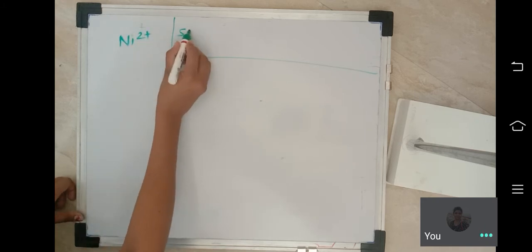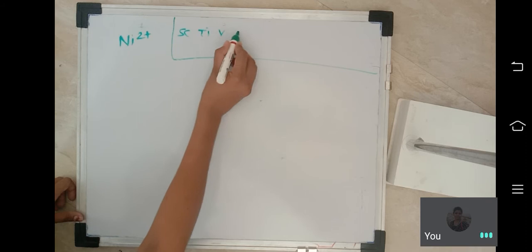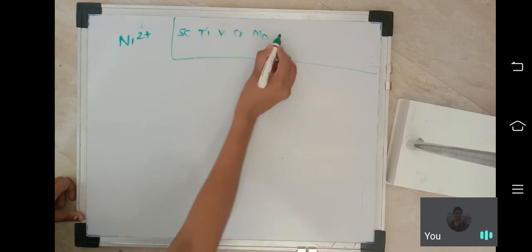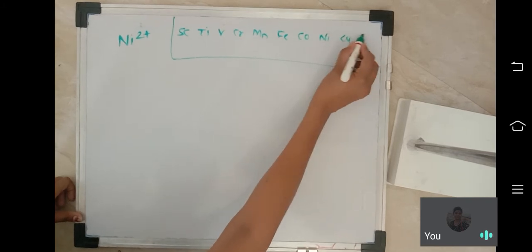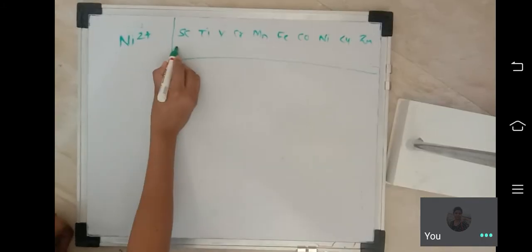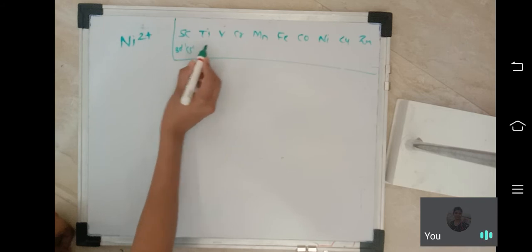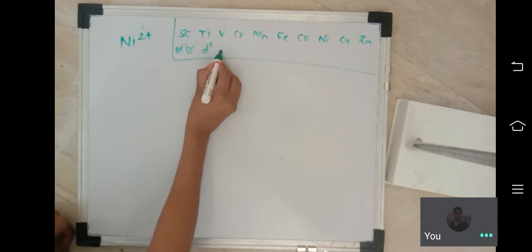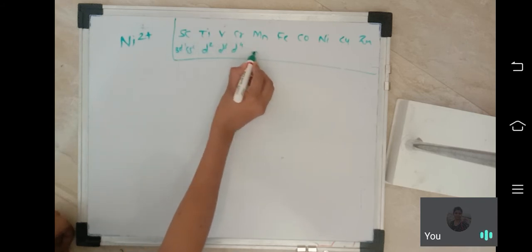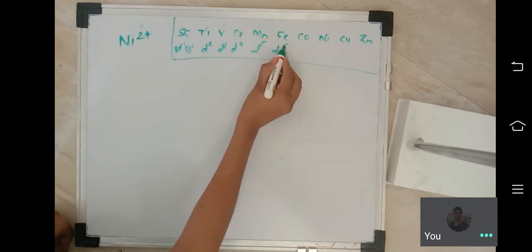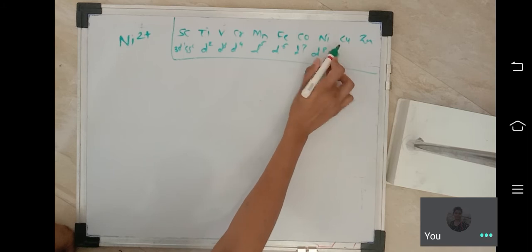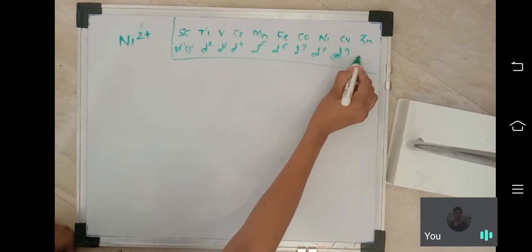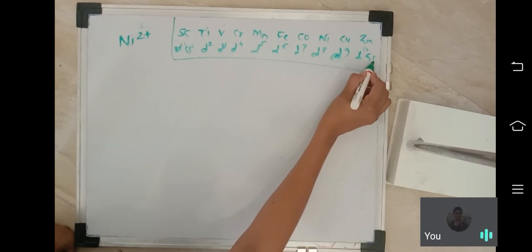Sc, Ti, V, Cr, Mn, Fe, Co, Ni, Cu and Zn: 3d1 4s2, that means d2, d3, d4, d5, d6, d7, d8, d9 and d10 for 4s2.